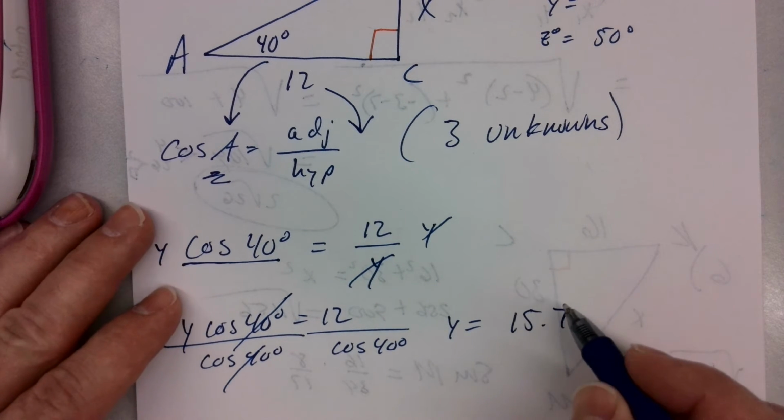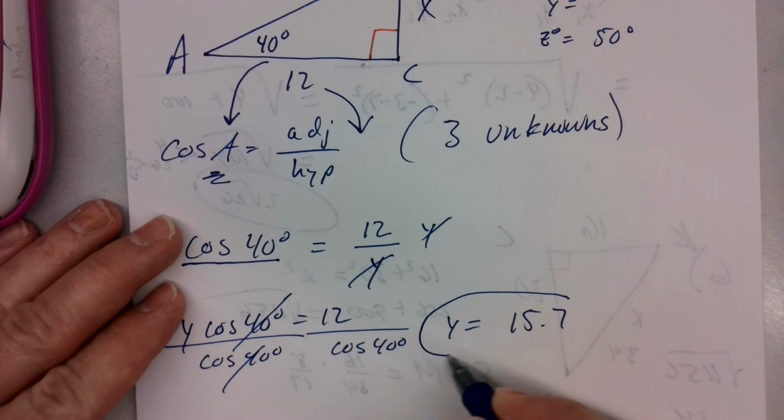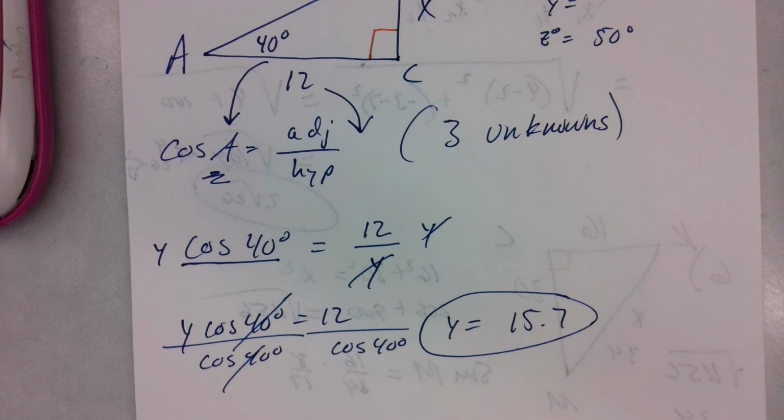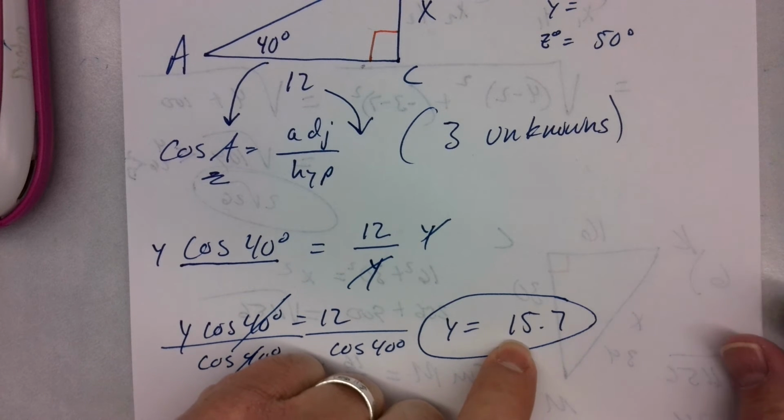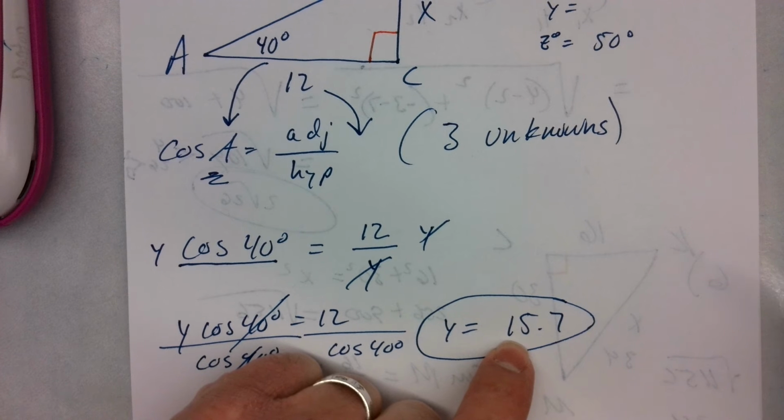Now, as I get that answer, I need to do something that sophomores are terrible at. Okay? No, I mean, you're not great at that by any means, but you need to look at this answer and say to yourself, self, is there any way that answer is right?